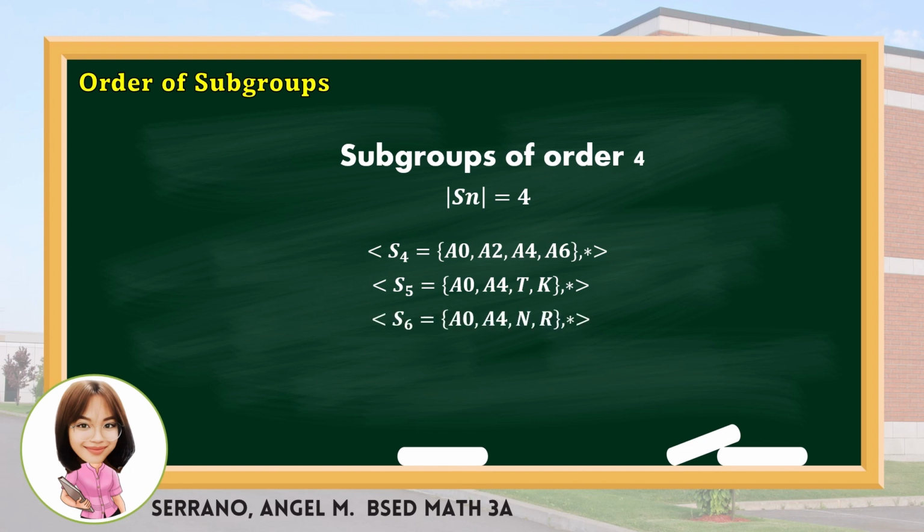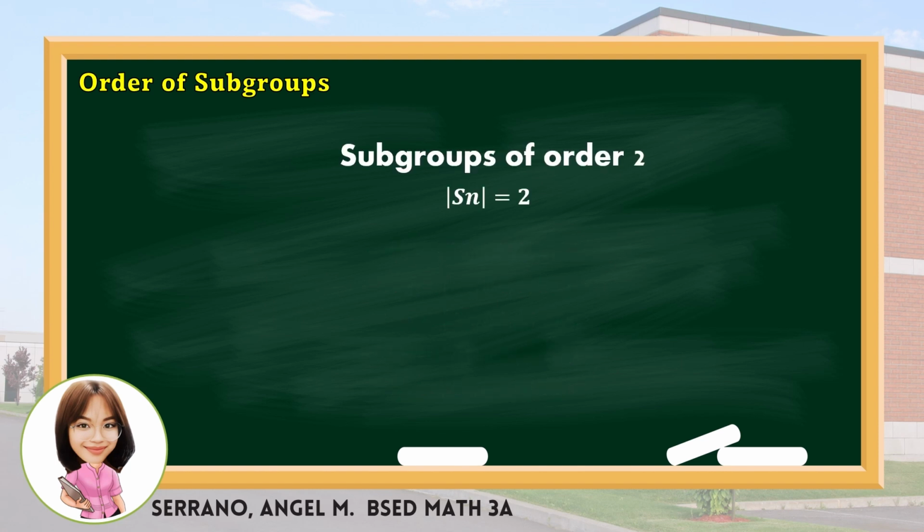Next, the group S sub 6 containing the elements A0, A4, N, and R. Next, the group S sub 7 containing the elements A0, A4, I, E. And lastly, the group S sub 8 containing the elements A0, A4, W, L under binary operation star. These are all the subgroups of order 4 since they contain a total of 4 elements.